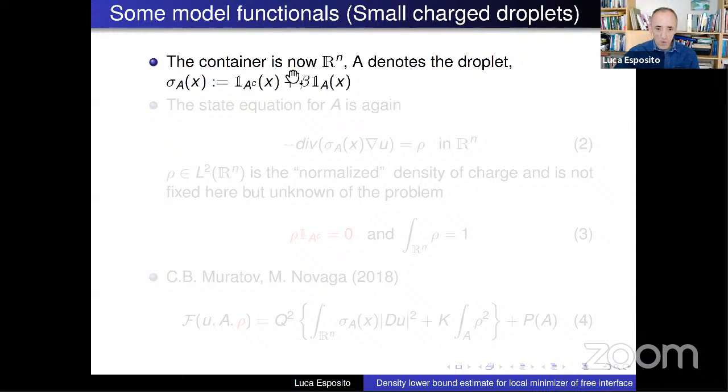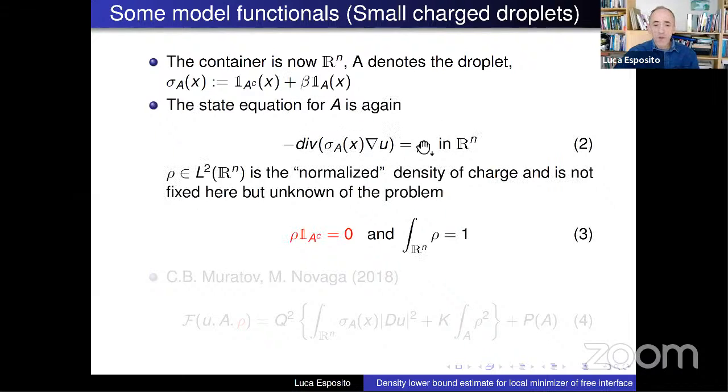R^n is the container. And now the state equation is also a little different, in the sense that here rho is the charge density, but the important thing is that here rho is not fixed. So rho can change; it is another unknown of the problem.